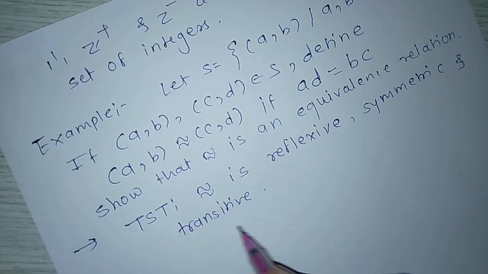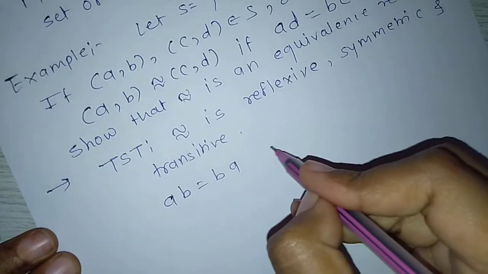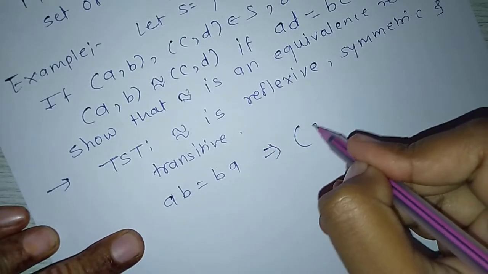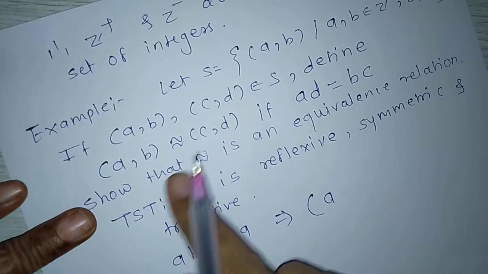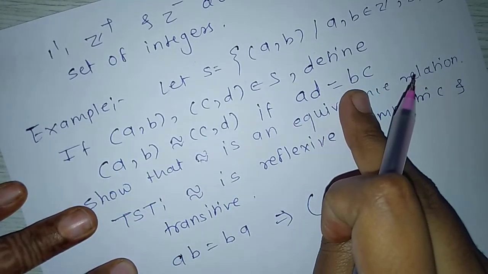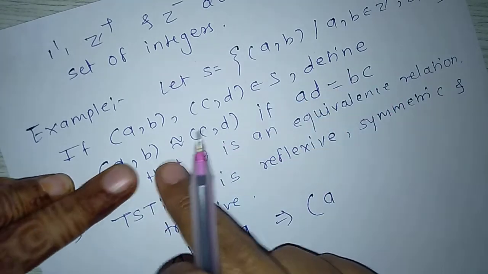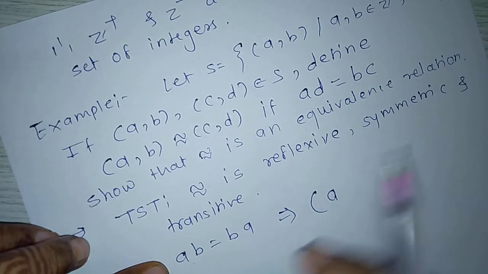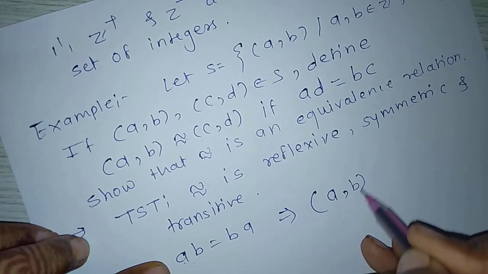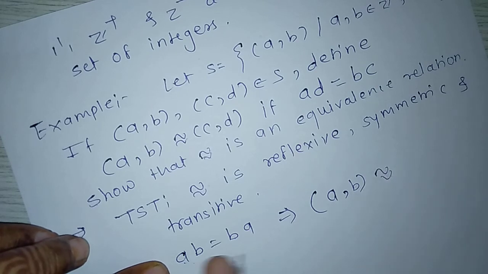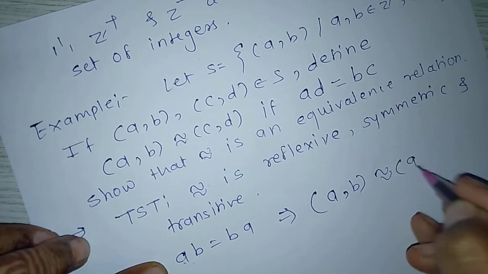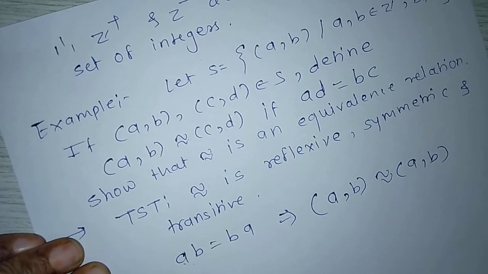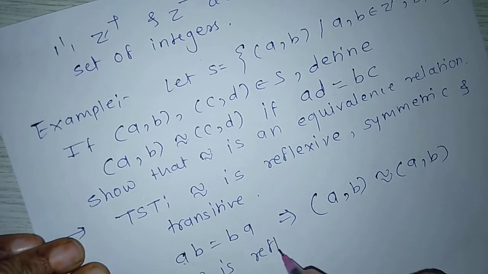First, we know the fact that a into b equal to b into a, which implies, by the definition, if ad equal to bc then (a, b) is similar to (c, d). Therefore, this gives (a, b) similar to (a, b). Therefore, similar is reflexive.